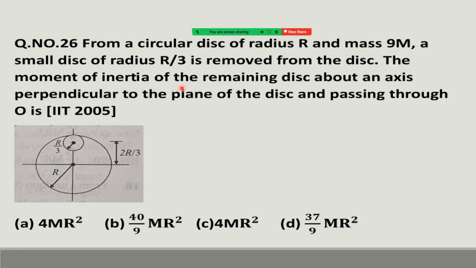The moment of inertia of the remaining disk about an axis perpendicular to the plane of the disk and passing through O. Here O is the center of the original disk, this point. From a bigger disk we are removing a smaller one. For the remaining part, about the original center, what is the I value? The axis is perpendicular to the plane of the disk. This was asked in 2005. Let us see how to solve it.